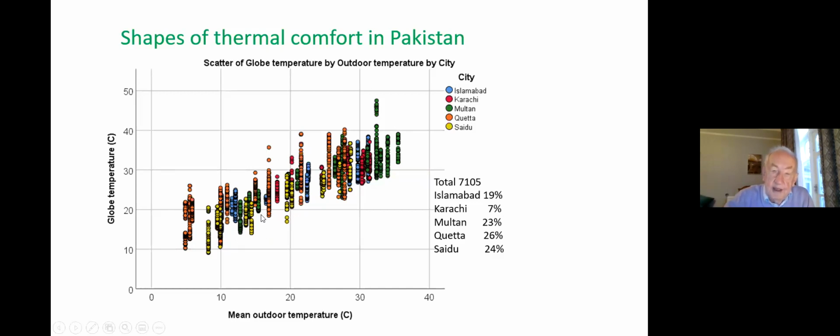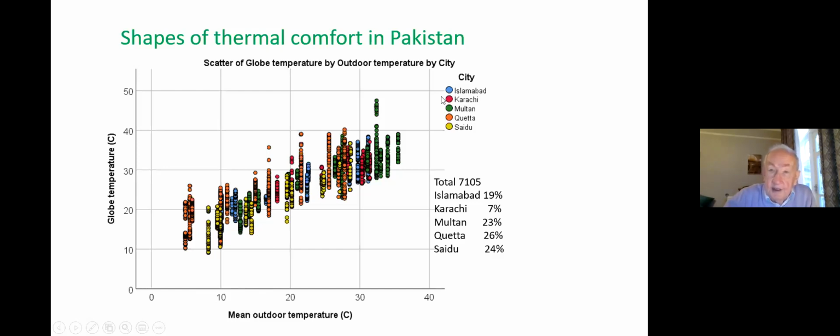Unfortunately, the Pakistani Met office wasn't able to give us the variation in the temperature during the day. So this is the average temperature for that day. So the outdoor temperature is the average outdoor temperature.